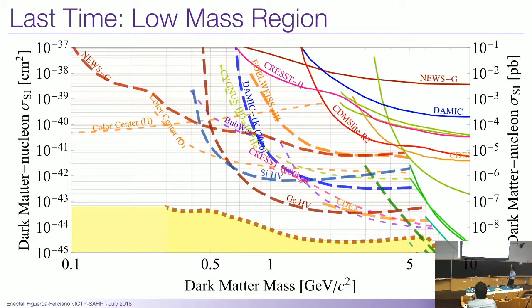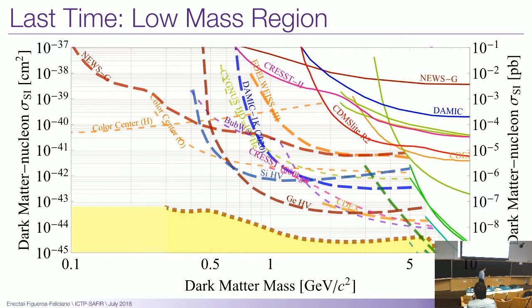Okay, so last time we talked about the low mass dark matter region, and we discussed that there are a lot of different technologies being put together, a lot of new ideas, many still in R&D, some being built.